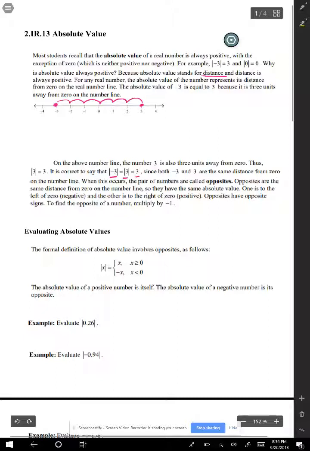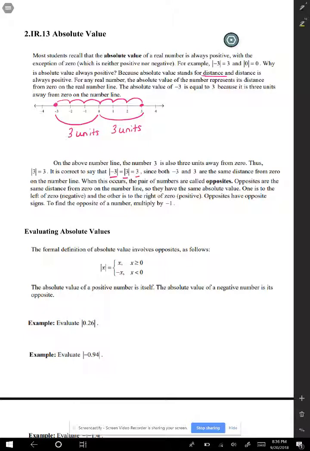Either direction you go, from -3 to 0 or from +3 to 0, both equal 3. So that's why the absolute value of -3 and the absolute value of +3 is 3.